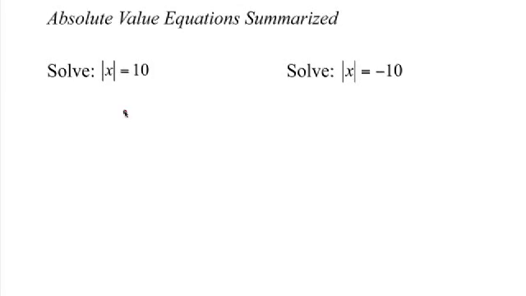The basic equations with absolute value look like this. We just threw these out here to give you a big picture understanding. Normally when I introduce this in a class, I ask students, the absolute value of what number or numbers equals 10? After a little bit of thought, most students realize that x can equal a positive 10 or a negative 10. Because remember, that's what absolute value does.